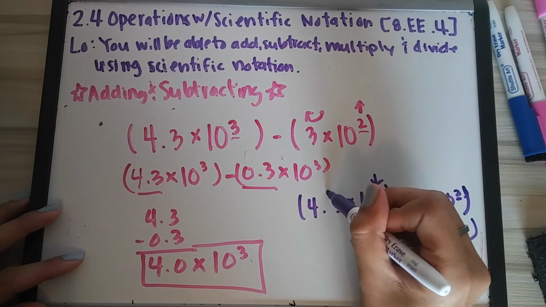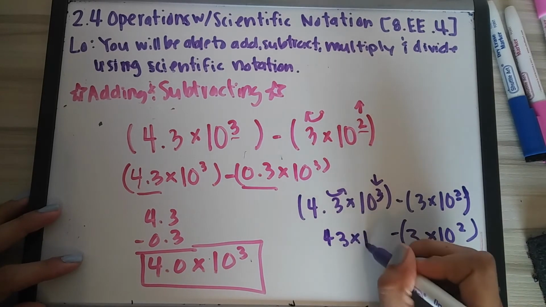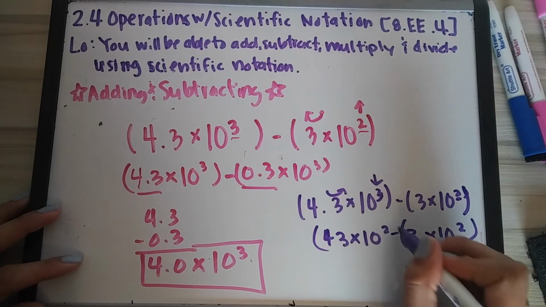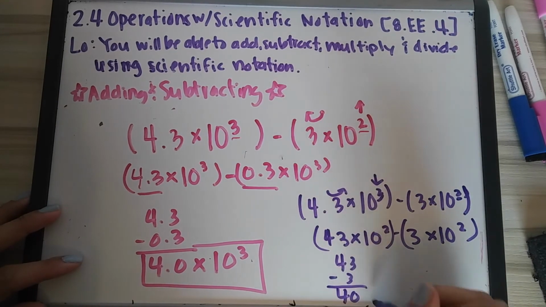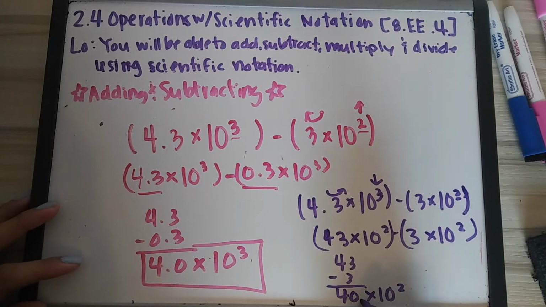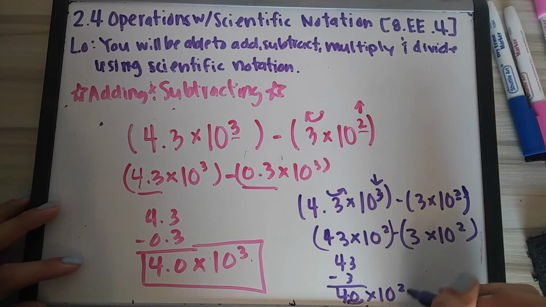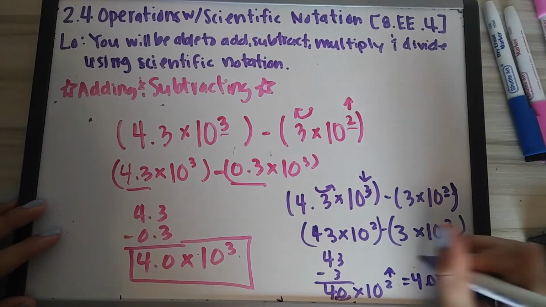That means that I'm going to move this one to the right. I'm making it bigger, right? So it's going to be 43 times 10 to the second. So then I'm going to say 43 minus 3 gives me 40 times 10 to the second power. But again, this is not scientific notation. So that means I have to move my decimal 1 to the left. So that means I'm going to bring this one up one, right? So then I end up with 4.0 times 10 to the third power, which is the same thing.